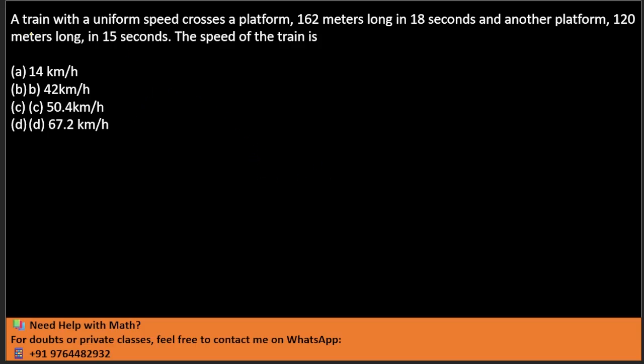So here we have a train with a uniform speed crosses a platform, and here also we have given two scenarios. A train with a uniform speed crosses a platform 162 meters long in 18 seconds, and another platform 120 meters long in 15 seconds.